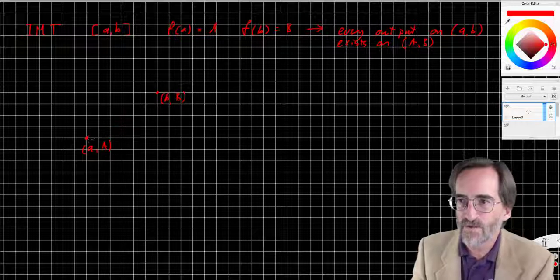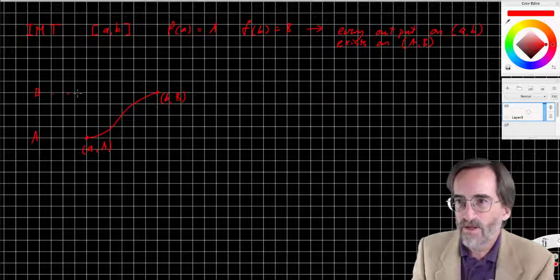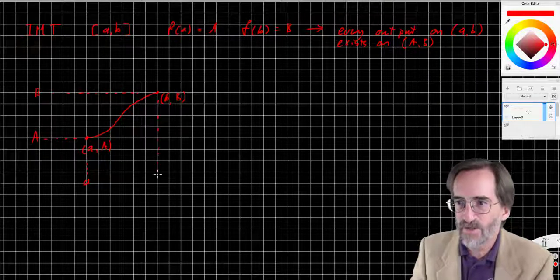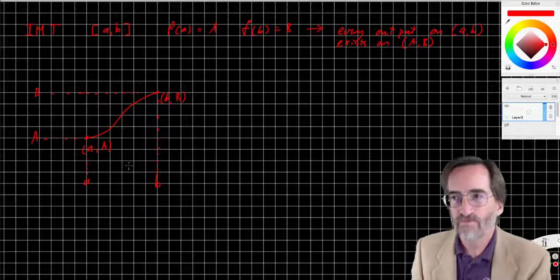If it's continuous, every output between cap A and cap B must exist. At some point we have to have crossed over every single point in between, in the domain from little a to little b. That's the intermediate value theorem.